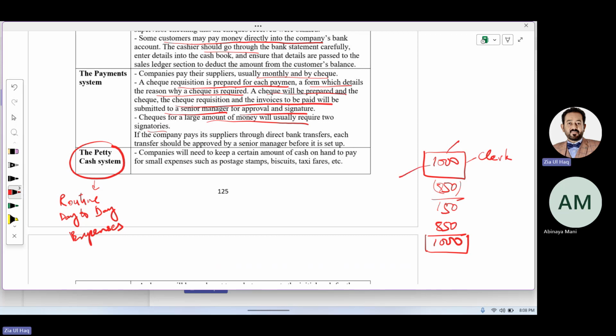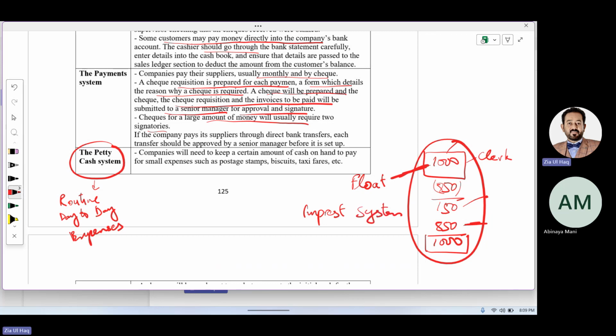This 1,000 that you have set as routine monthly expenditure is called float. And at every month start, you check how much money is left, and you make up the float by paying the extra money. This system is called the imprest system of petty cash.